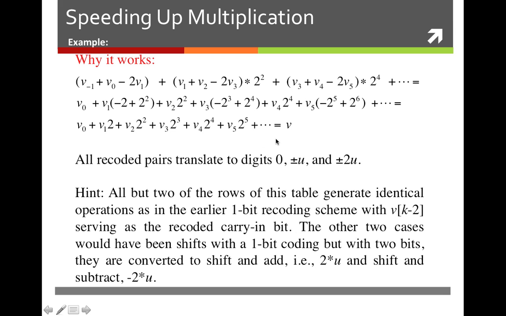So there is a mathematical reason why this works, and that's because the two expressions are algebraically equivalent to one another.